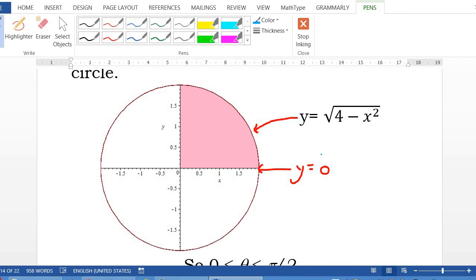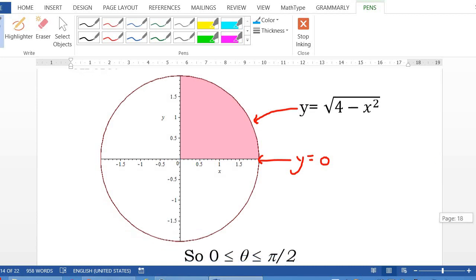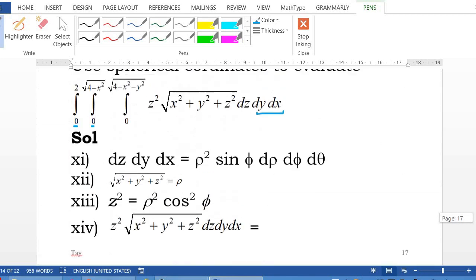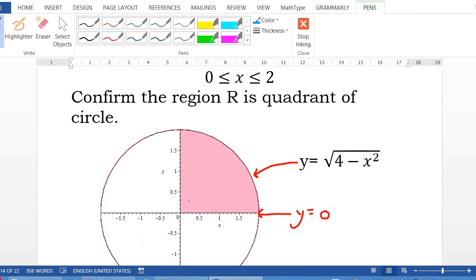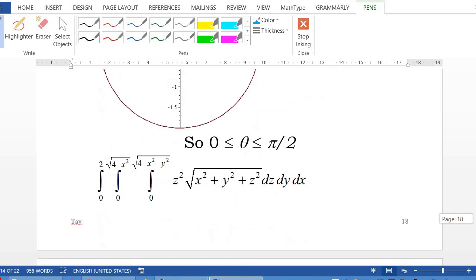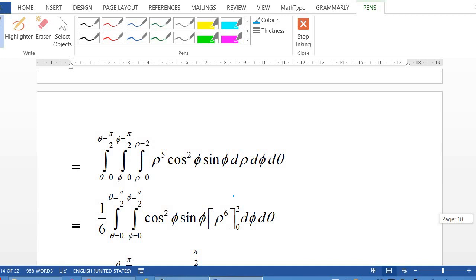The limit of y tells you that you have a semicircle. However, the limit of x is from 0 to 2, hence it is only a quadrant of a circle. That's why theta in this case is only 0 to pi over 2. Everything else is the same.